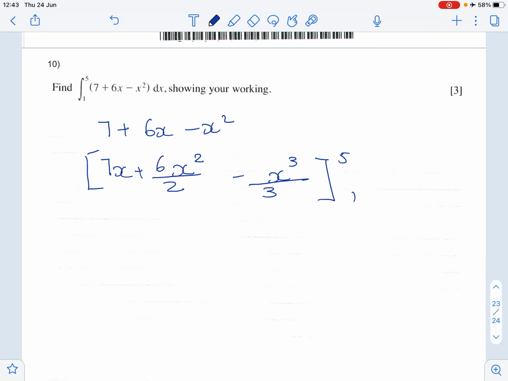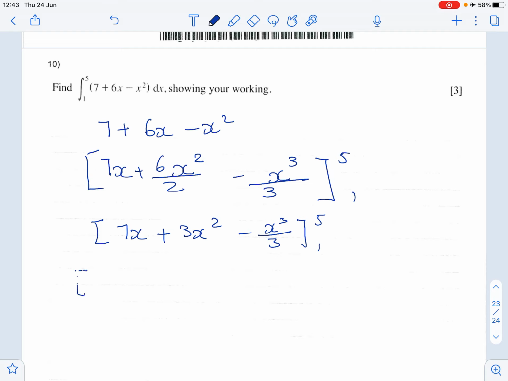Let's just simplify this a bit. So we have 7x plus 3x squared minus x cubed over 3 with the limits of 5, 1. So we substitute 5 into the equation.